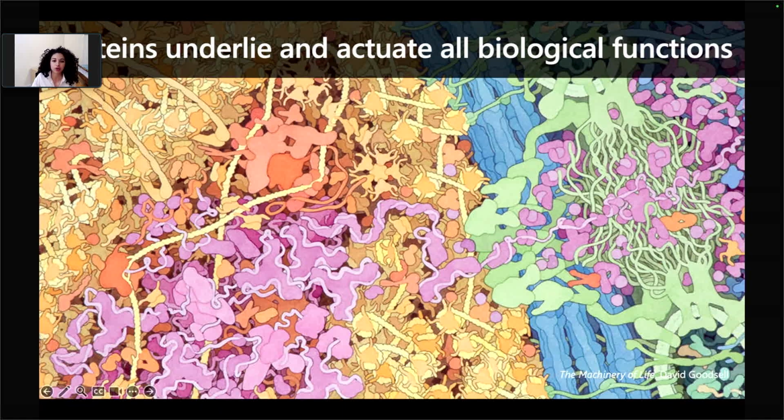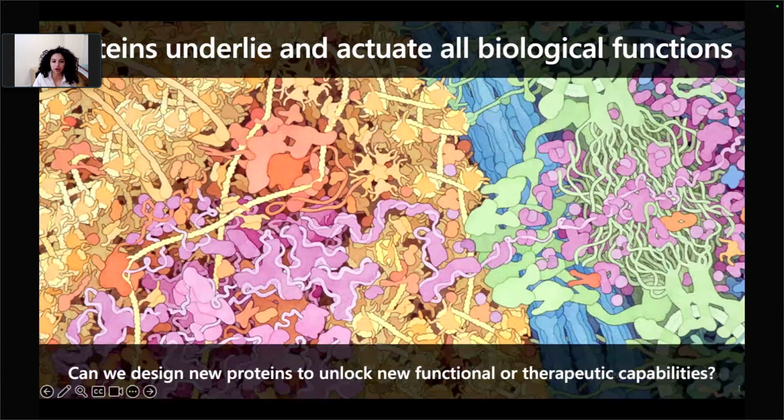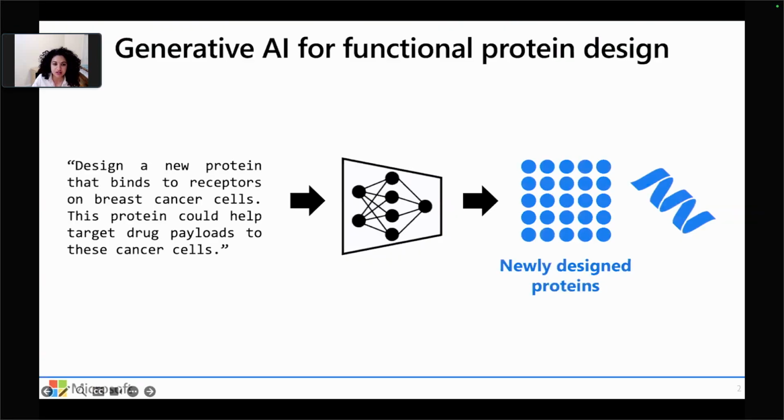And because of how critical proteins are to every process in biology, from how we fight disease to how our cells get nutrients, there's this incredible opportunity motivated by the question of, can we design new proteins to unlock new biological and therapeutic functions?